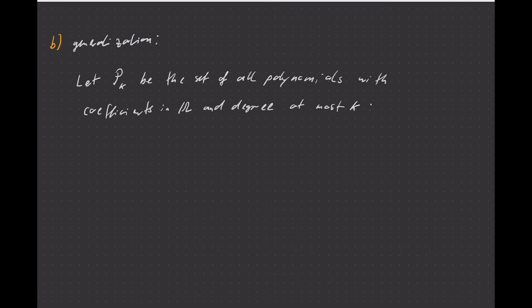Formally, P_k can be written as the set of all functions p from R to R, where p(x) is of the form the sum from i = 0 to k of lambda_i times x to the i.